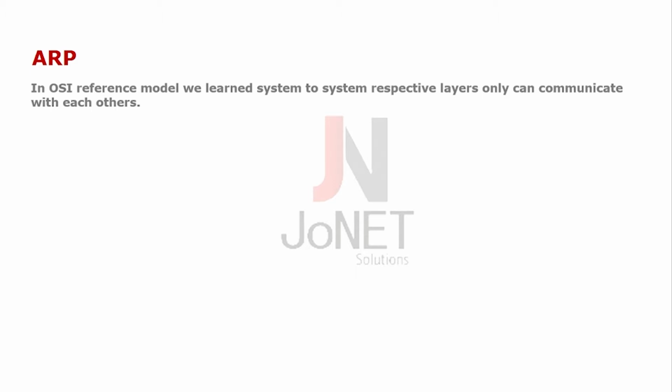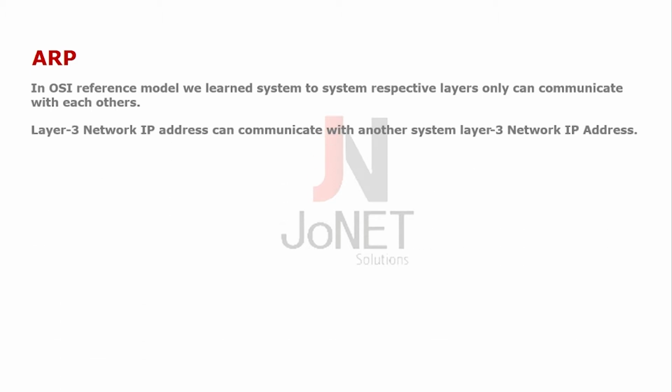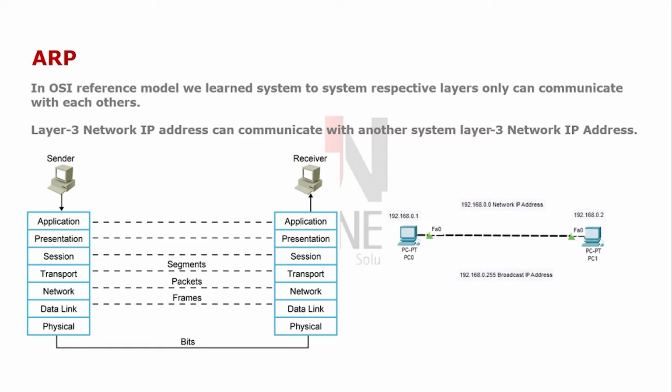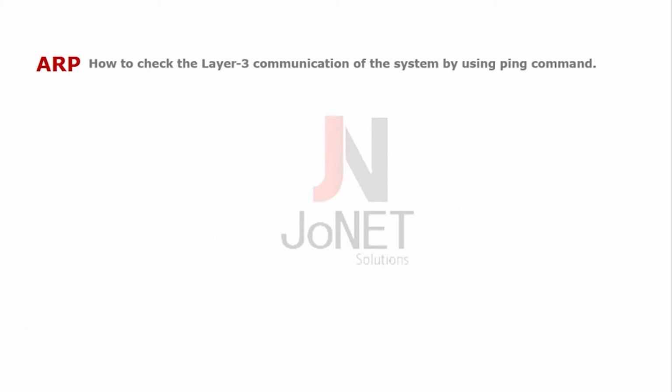So in the OSI reference model, we learned that system to system, the respective layers can communicate. So we use the layer 3 IP address to communicate with another system's layer 3 network IP address. The network IP address works on layer 3, that is the network layer. How do we check the layer 3 communication of the system?